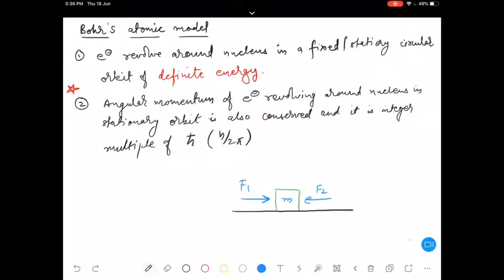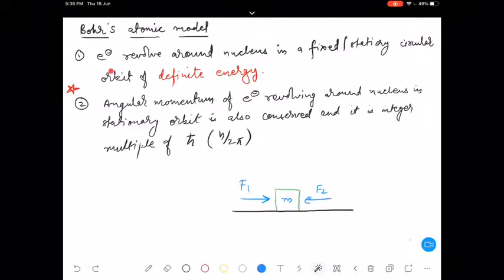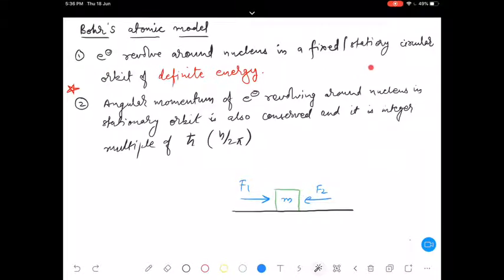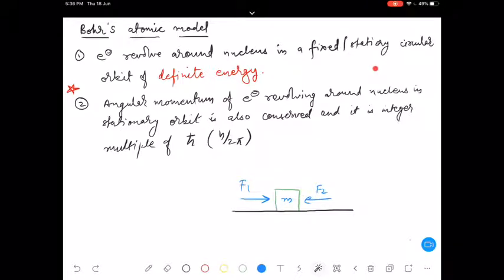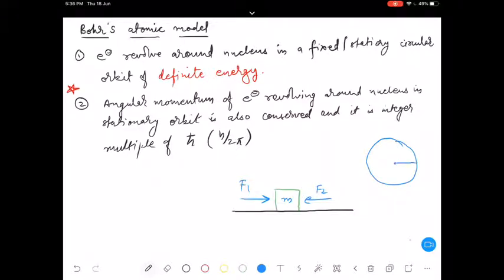When I will call this wooden box to be stationary, it is having a stationary circular orbit, which means the distance from the nucleus will be the same. Correct? Means if you are having this as your stationary circular orbit, this distance r will be constant, it will remain the same.